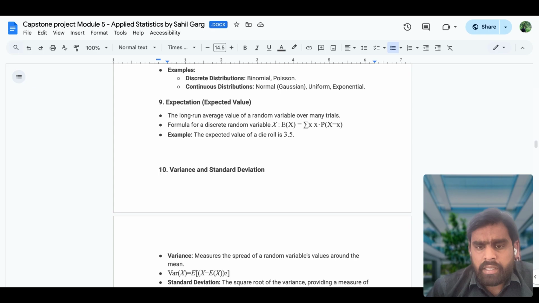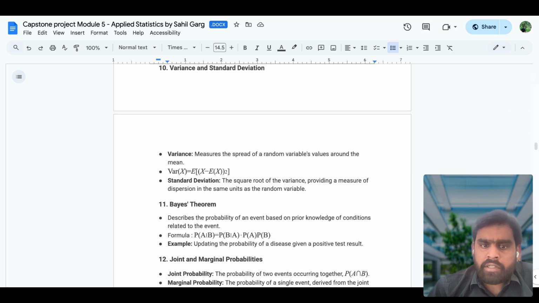If we continue to roll the dice 1000 times, 2000 times, we would get close to 1 by 6. So in the long run, the average value of the random variable over many trials is called the expectation or expected value.